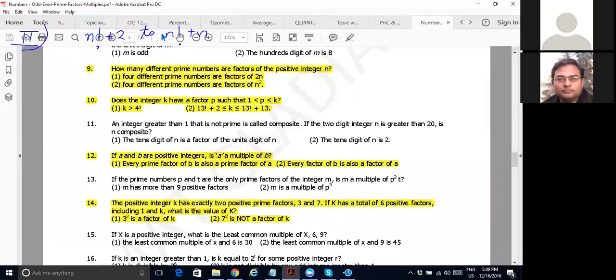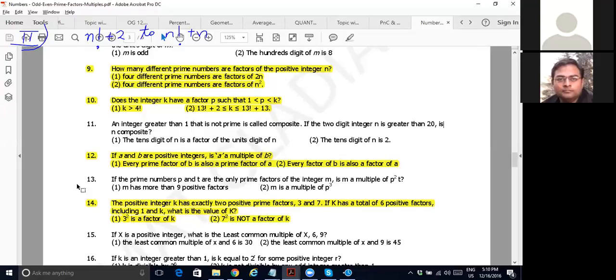Question number 10. So what do you understand by the question?